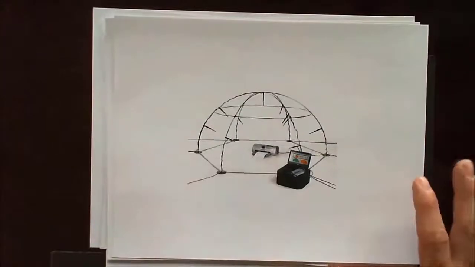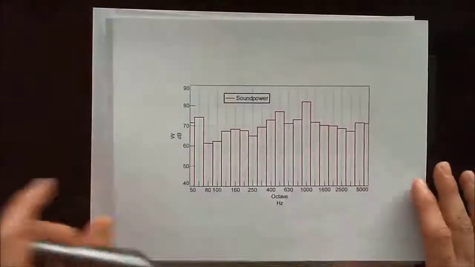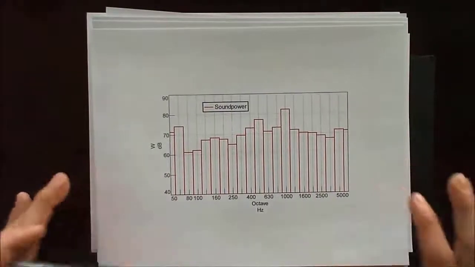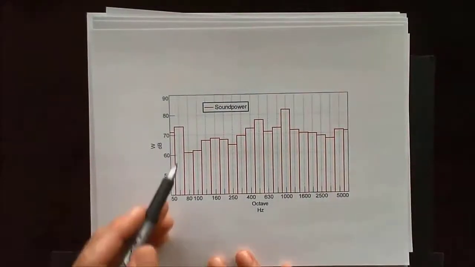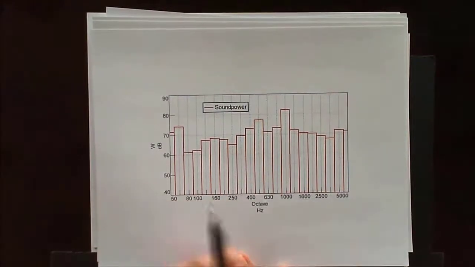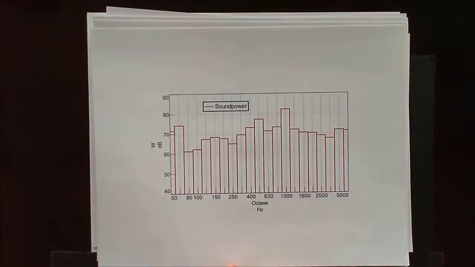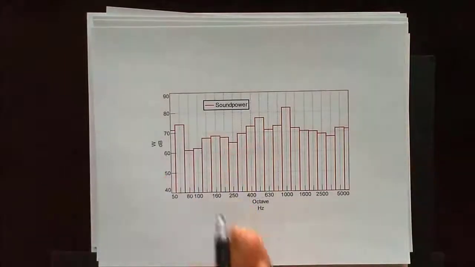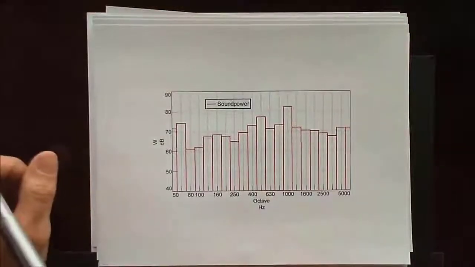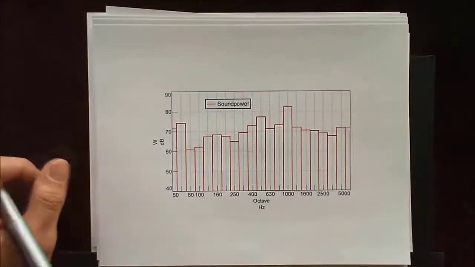Now the end result of a test like this will be something like this, where you have a sound power spectrum, in this case in the 1/3 octave band, and we're reporting a level at different frequency bands. For an overall value, we would sum these up or take an RMS of all of these values and we'd get some overall sound power value, and that would either meet our criteria or not.